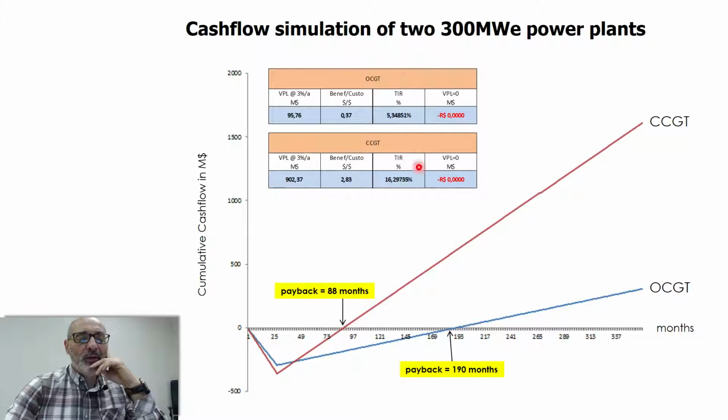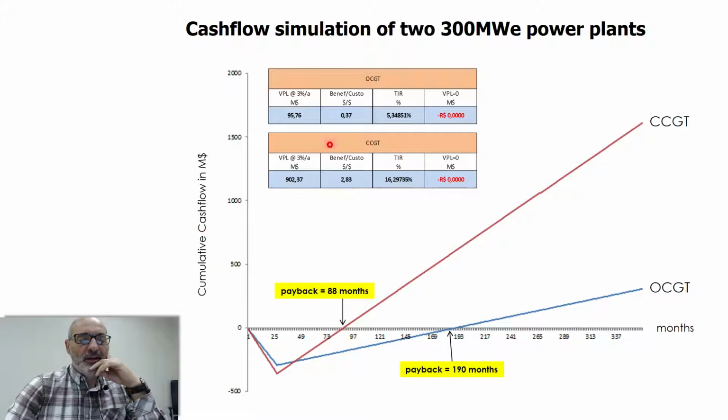I already did a technical economical analysis of these two power plants, open cycle and combined cycle. This is the cash flow of these two power plants, considering, I'm not sure, 30 years, the entire lifespan of the project.